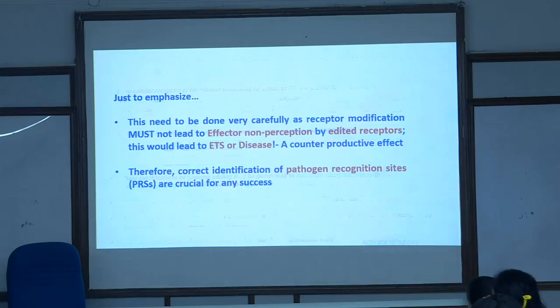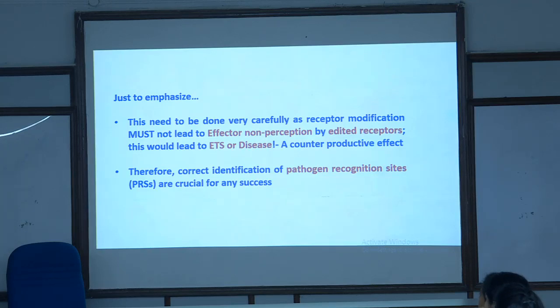But in my opinion, this needs to be done with great care. We know pretty well that a small amino acid change in the effector makes the R protein non-functional. If you do the same thing on the receptor side, the same thing can happen there as well. Right? This needs to be done very carefully, as receptor modification must not lead to effector non-perception by edited receptors. Try to understand this statement, right?